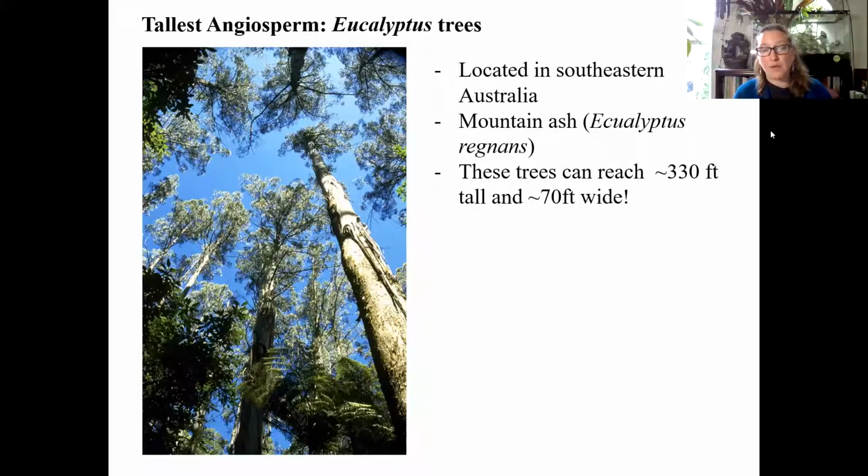Their common name is mountain ash, not to be confused with the ash trees being subjected to the ash borer. Totally different thing. These trees can get really tall, about 330 feet tall and about 70 feet wide. That's a massive tree. So these are the largest angiosperms.